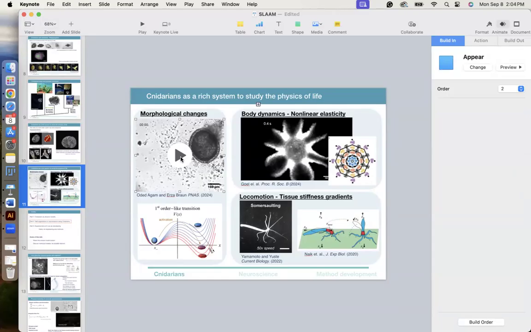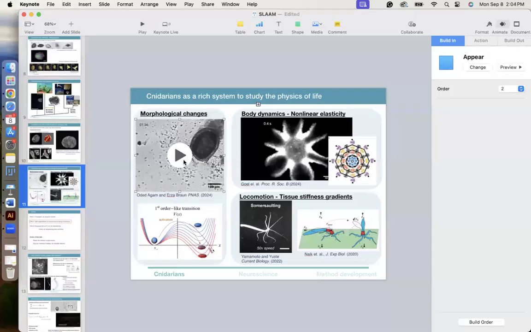They weren't looking at the neurons in particular, but what they were thinking was causing this transition from a sphere into breaking symmetry and becoming oblong was different electrical impulses across the body of the animal.